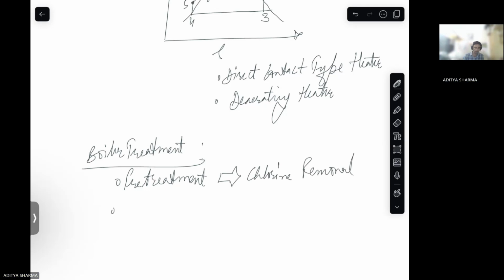Then is your demineralization, where we remove the ions or the minerals that are there in water, so that there are no reactions because of these ions in your boiler that can harm the boiler, right?